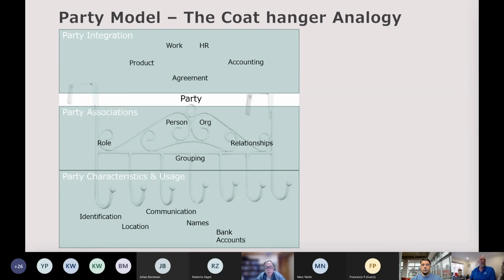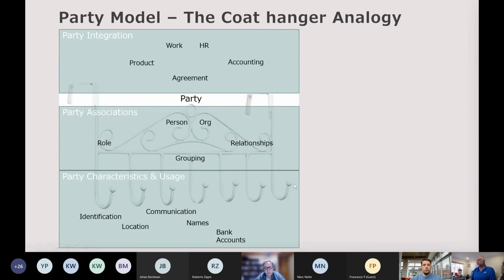That may be in a CRM, where it may be a customer, using the customer role. But the message I'm trying to get through is how a lot of these attributes that are all over the place are connected to the party via this element.